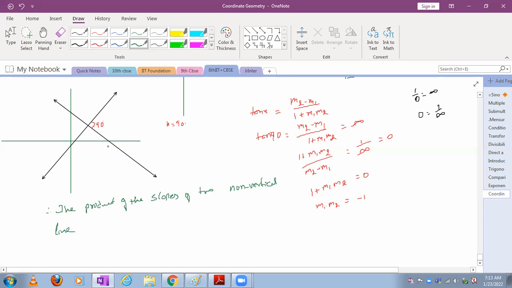Since the slope of the x-axis is 0 and the slope of the y-axis is undefined, here you won't get 0 into infinity equal to minus 1. So that's why non-vertical lines: if the product is minus 1, then the two lines are perpendicular to each other.